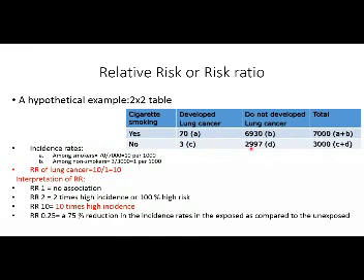Then if we calculate the relative risk for this exposure, now this exposure is actually protective. The data will not be like this one. Maybe this yes comes over here and the no comes up in this column.